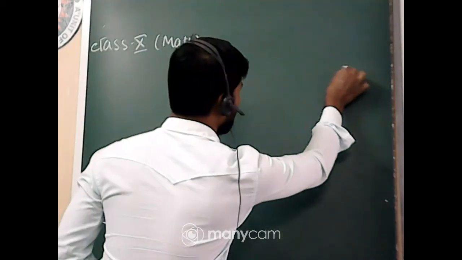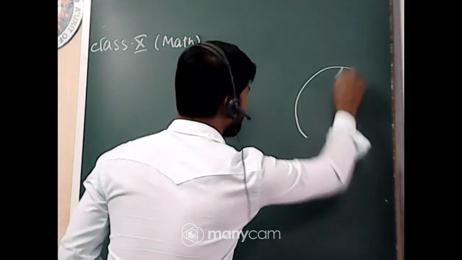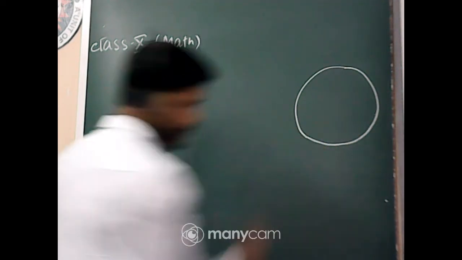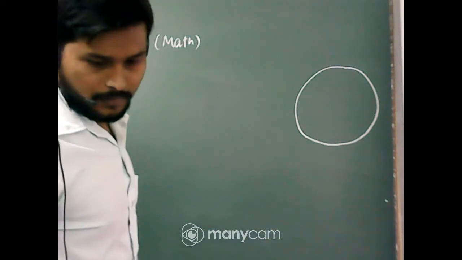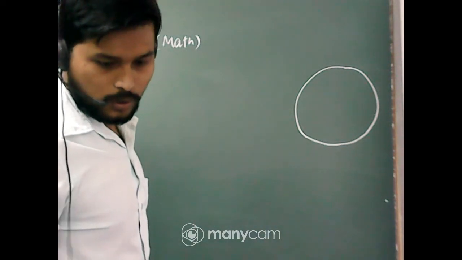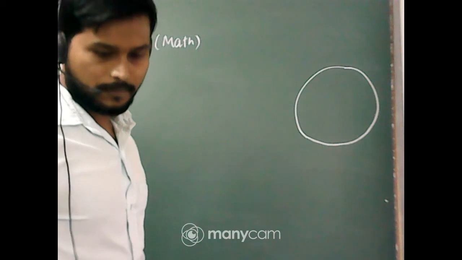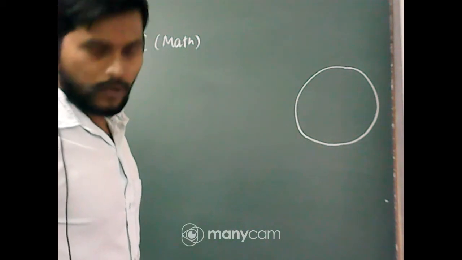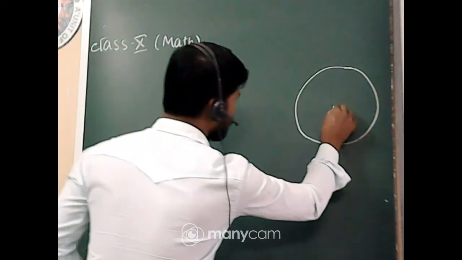One circle is given here, whose diameter is equal to 35 millimeter, and it is divided into 10 equal parts by 5 diameters. So let's draw the diameters.